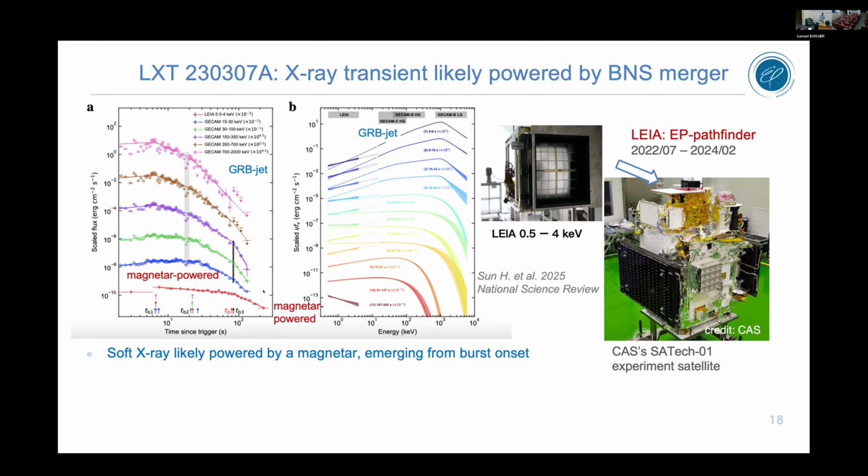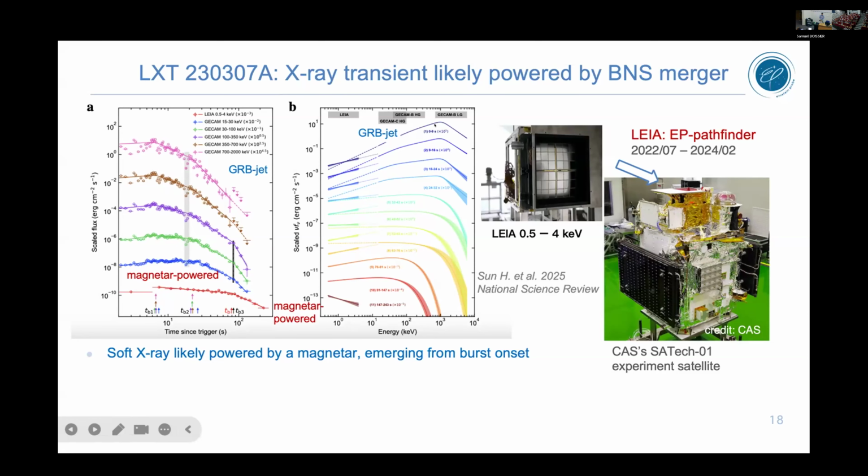So we see the LEIA light curve is much flatter, and the time scale is much longer compared to the hard X-ray and gamma-ray signals. So that's a hint that they may come from different origins. The higher energy may come from a GRB jet, and the lower energy soft X-ray band may come from a magnetar-powered origin.